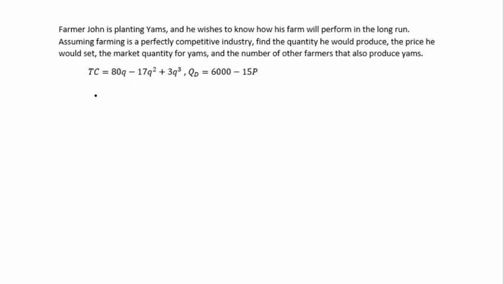We're given a total cost function of 80q minus 17q squared plus 3q cubed. We're also given a demand function of quantity demanded equals 6,000 minus 15p.